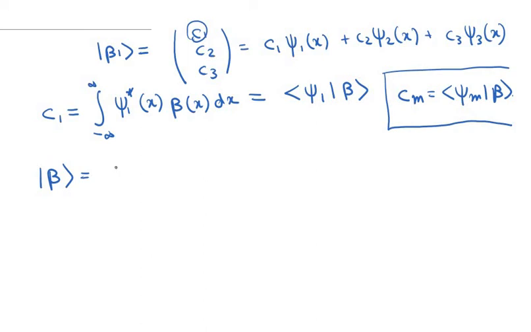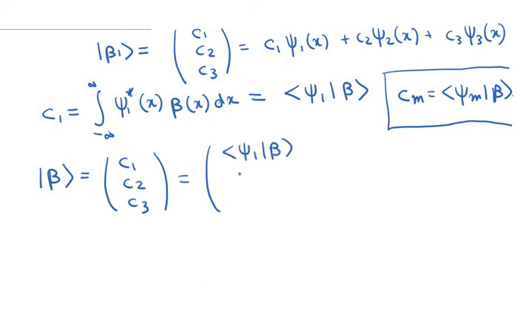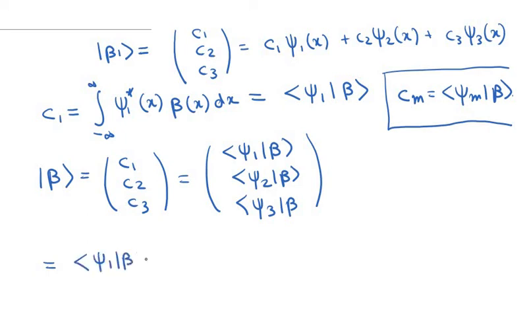So beta can be represented in terms of C1, C2, C3, which is equal to the bracket of psi 1 beta, psi 2 beta, psi 3 beta, and this is just as before equal to psi 1 beta times the ket psi 1.